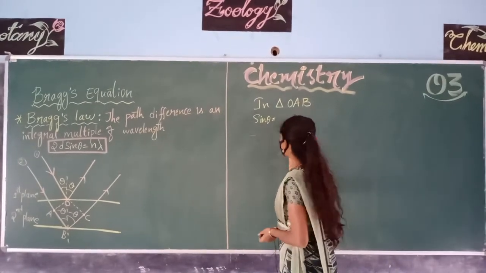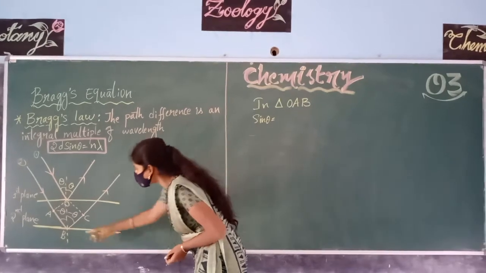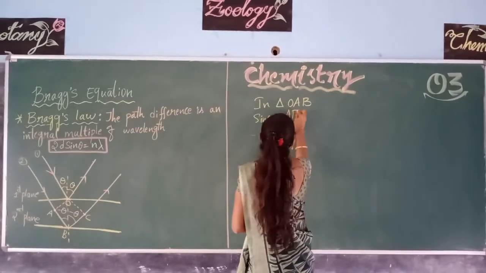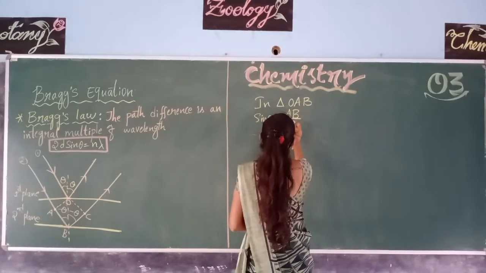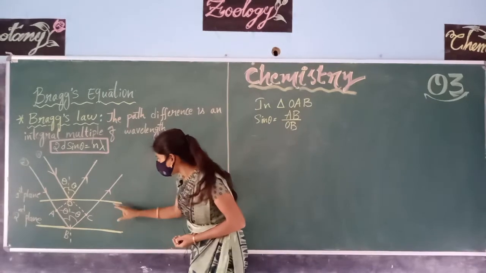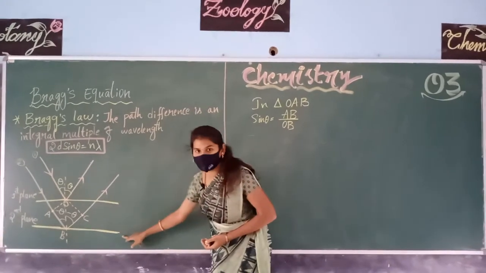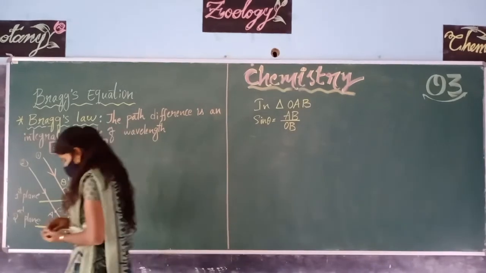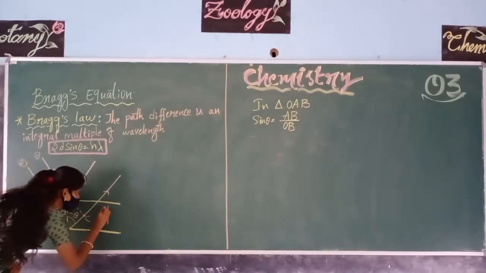So we can write perpendicular by hypotenuse as AB by OB. Here the distance from one plane to another plane is taken as small d.